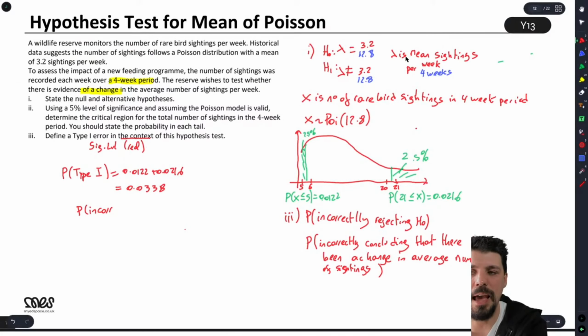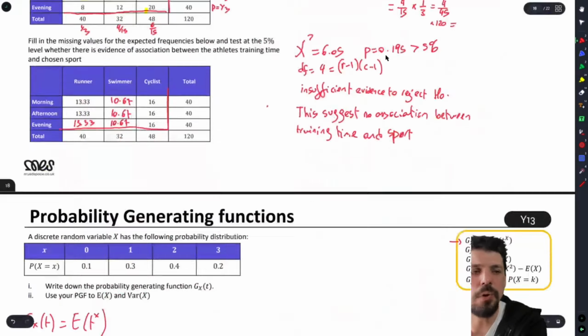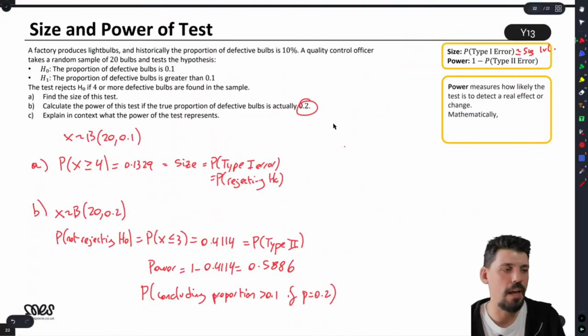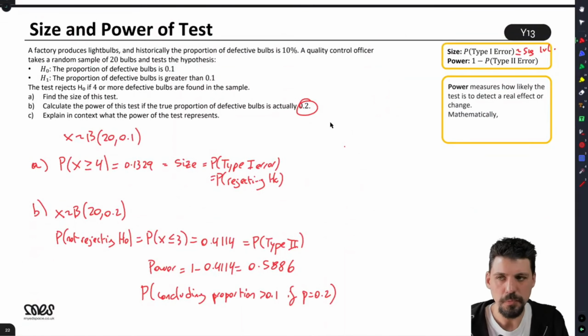We assumed that lambda is 3.2. So in all of these hypothesis tests, we assumed that H naught was true. A type 1 error is when H naught is true and you reject it. So what's the probability of landing in the critical region, i.e. what is the probability of rejecting H naught? That is the probability of a type 1 error, and that is the size of a test.